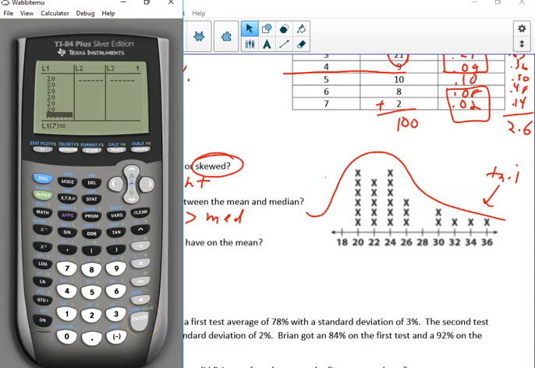And then you have 5 22s. And 6 24s. And 3 26s. 2 30s. 132, 134, and 136.